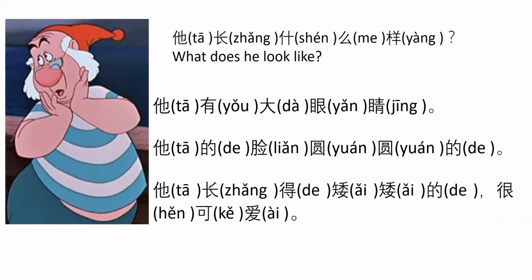Number 3, the third sentence pattern is subject plus 长的 plus adjective or adjective phrase. 他长得矮矮的很可爱. Here 矮矮的 and 很可爱 are both adjective phrases. 他 means he, so he looks very short. 矮 means short, 矮矮的 means very short. 很可爱 means very cute. 很 means very, 可爱 means cute.